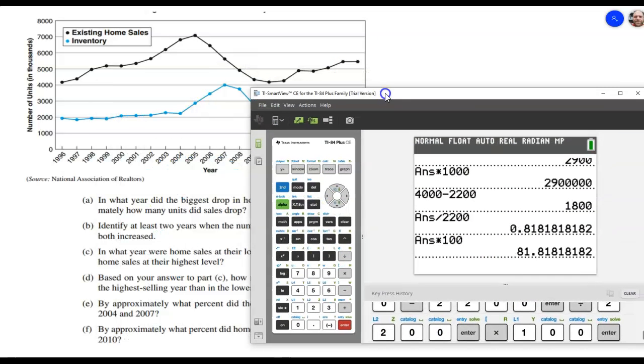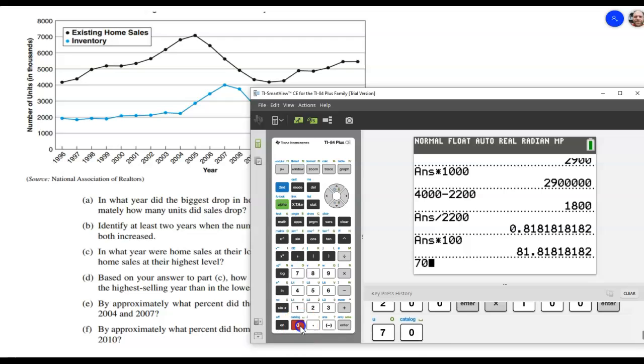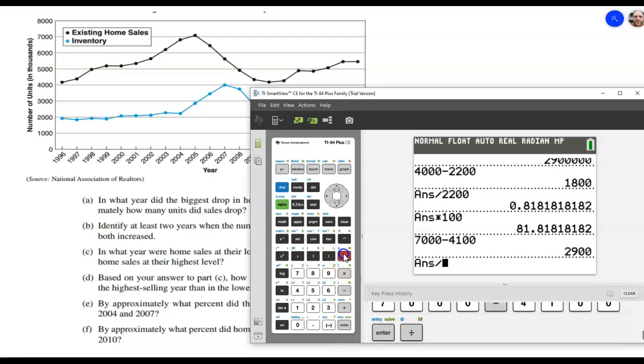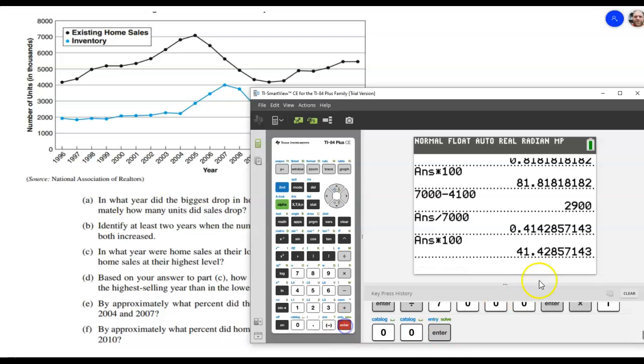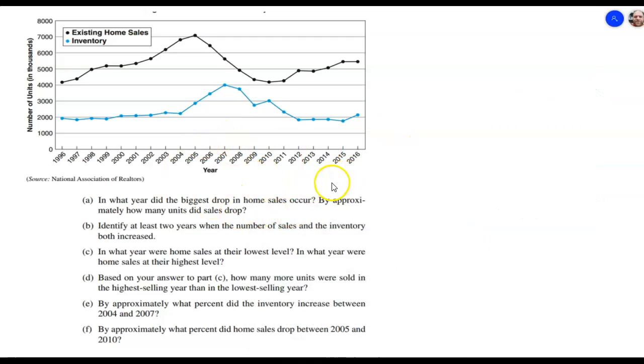So we're going to do 7,000 minus 4,100. All right, and then we're going to divide by the original amount, the 7,000. And then we're going to convert that to a percentage. So I've got around 41% for that, and that also agrees with the book there.